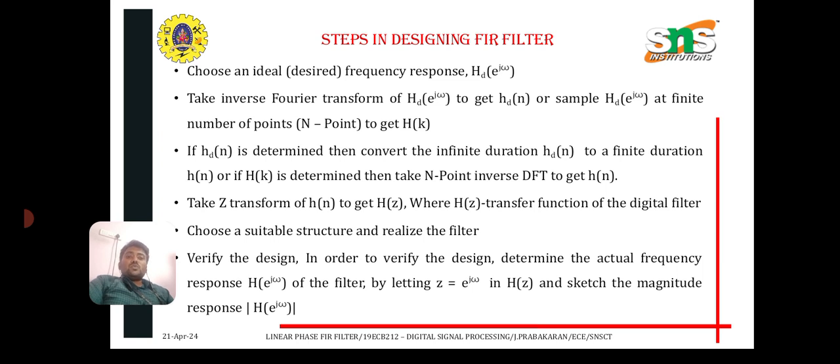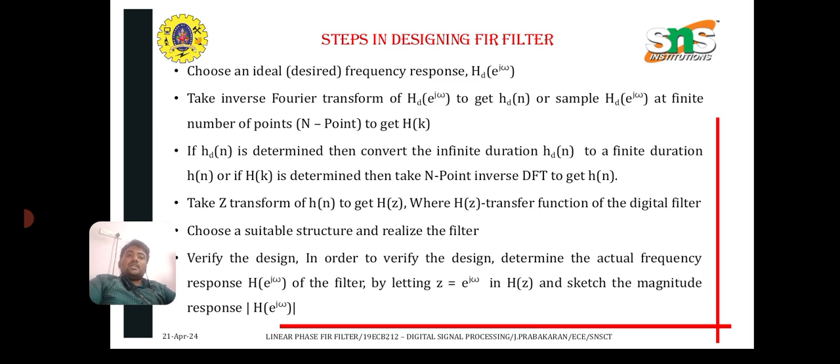Choose a suitable structure and realize the filter. Verify the design. To verify the design, determine the actual frequency response H of e power j omega of the filter by letting z equal to e power j omega in H of z, and sketch the magnitude response of H of e power j omega.